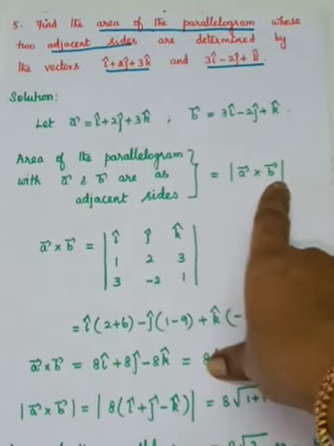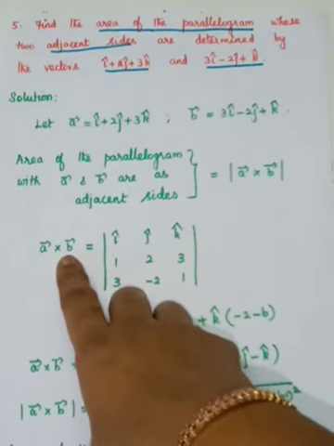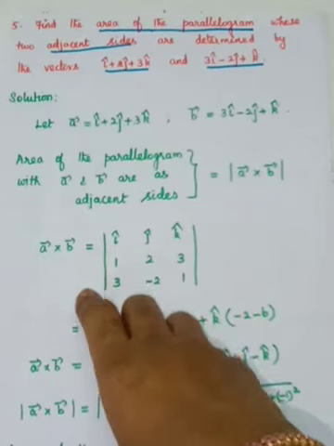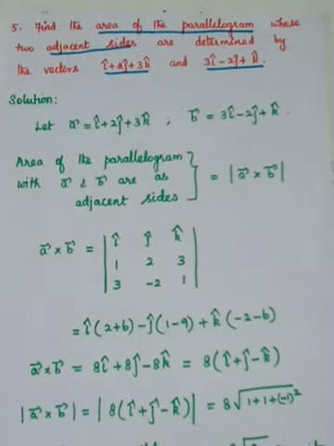So to find the magnitude, first we should know what is A vector cross B vector. How to evaluate the vector product between two non-zero vectors? It is a determinant. In the first row, i, j, k. In the second row, the coefficients of i cap, j cap, k cap of first vector. So what is A vector?